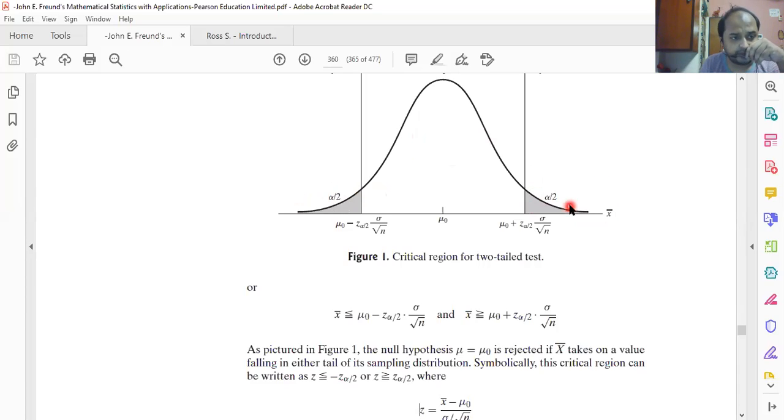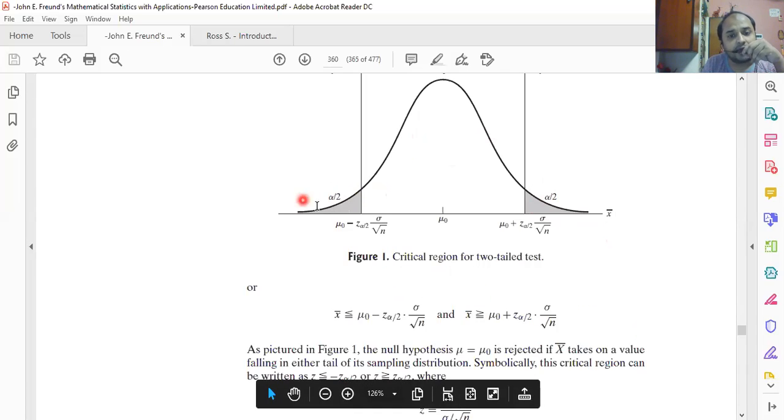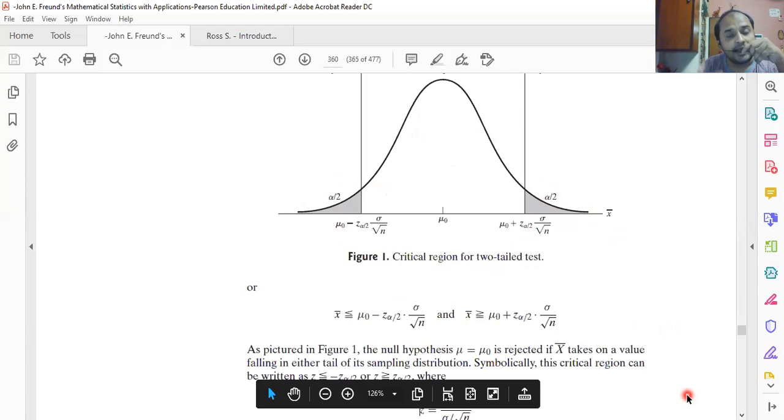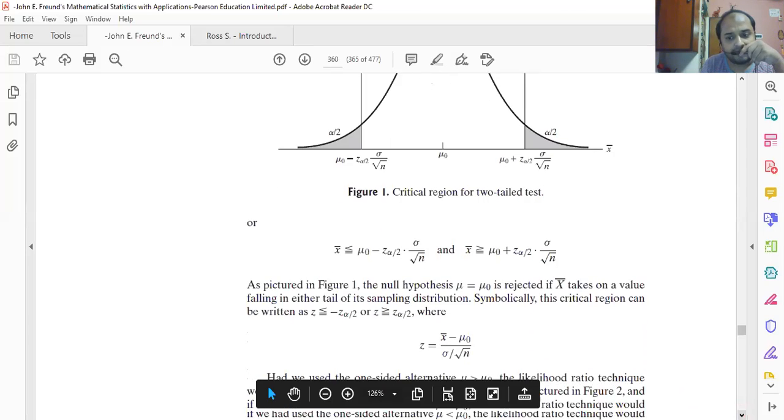Alpha by 2 plus alpha by 2 will give you the 1% chance, 0.01 actually. So this is why we call it Z alpha by 2 and Z alpha by 2. And we shall consider Z alpha by 2 when we are subjected to a two-tailed test. Scenario will change for a one-tailed test, remember. I hope you have understood this portion.